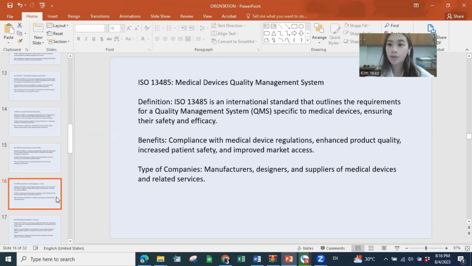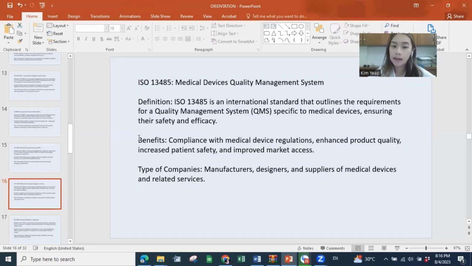You are producing something which might impact somebody else's life. If you are not taking care of the quality of the products or the service that you provide, and something goes wrong, it will affect somebody else's life. It's a matter of life or death, right? So medical device manufacturers have another set of standard which really focuses on quality when you are dealing with medical devices.